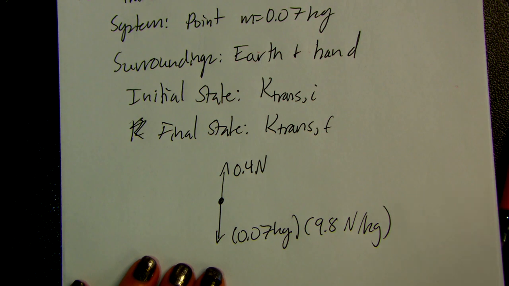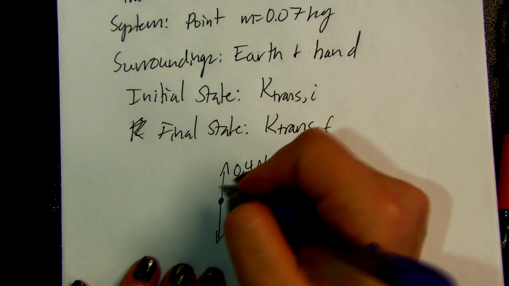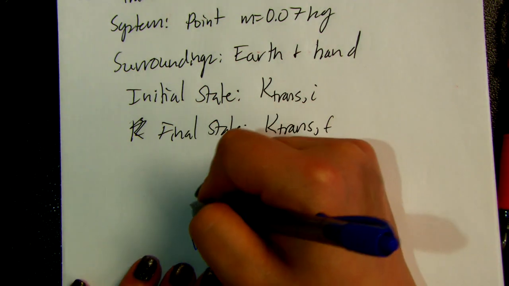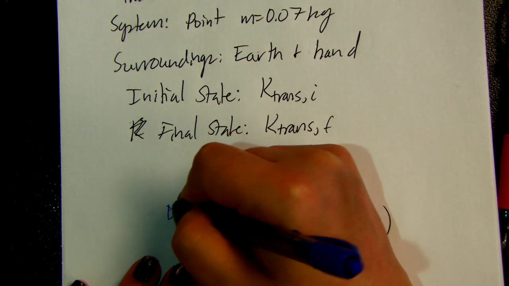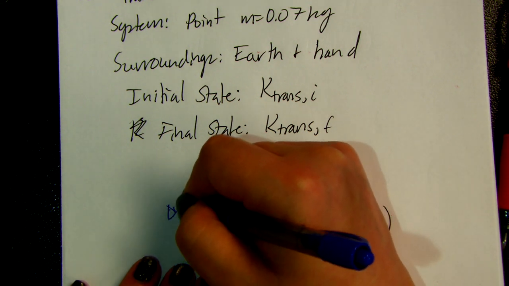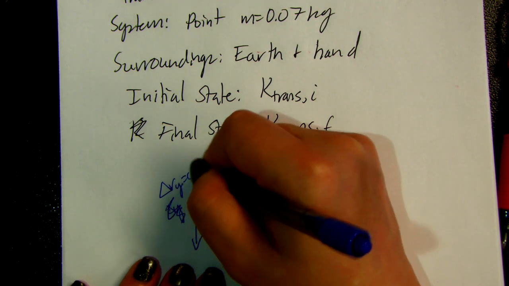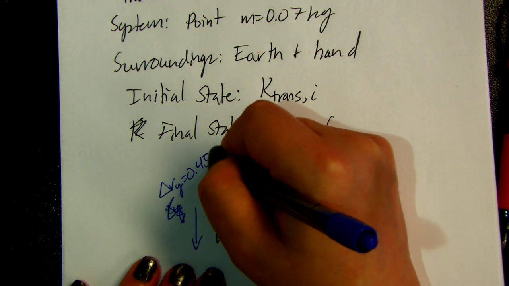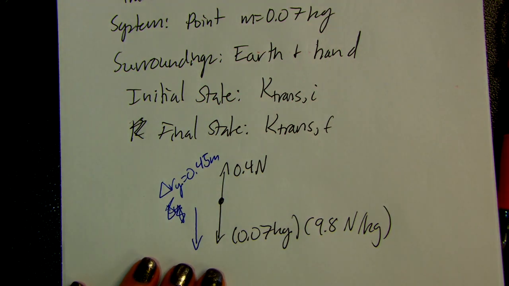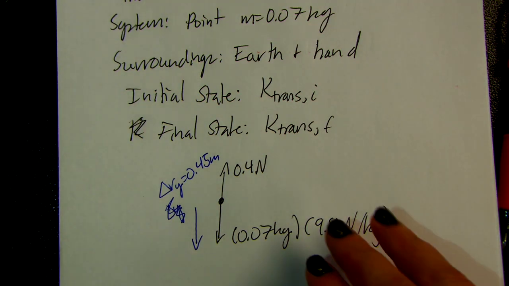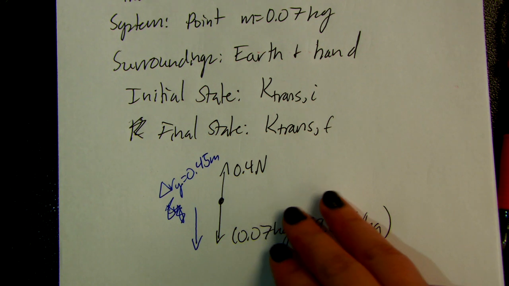And we know that it moves delta R yo-yo, 0.45 meters. So we know that there is some non-zero displacement.